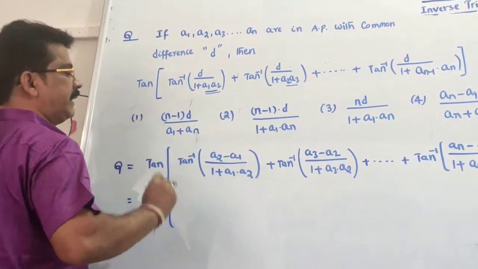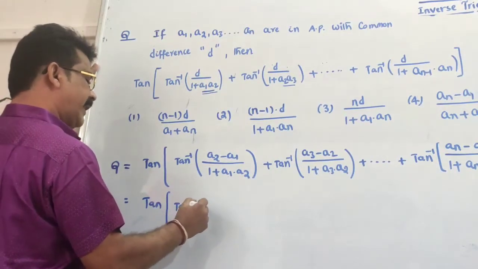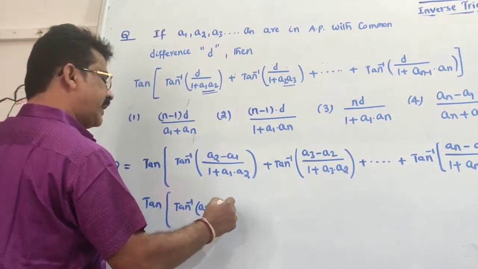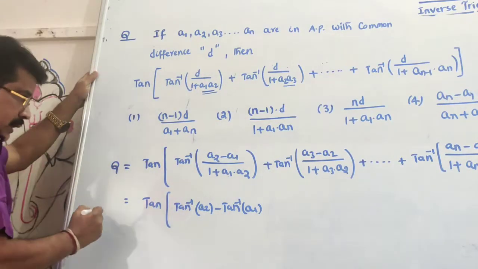tan inverse of A2 minus tan inverse of A1. How? You come here.